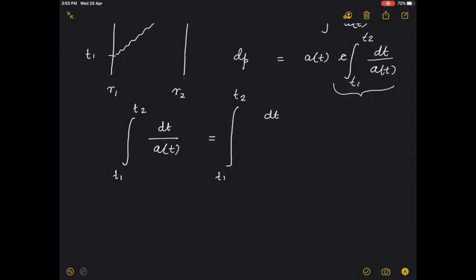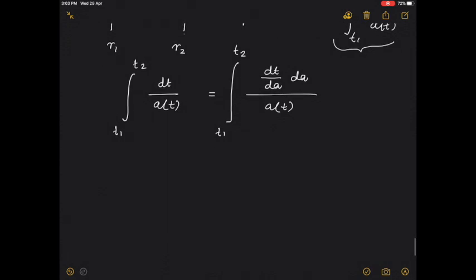So let's do one clever trick where I have dt in the numerator: I multiply and divide by da. So dt by da in the numerator becomes da by dt in the denominator.